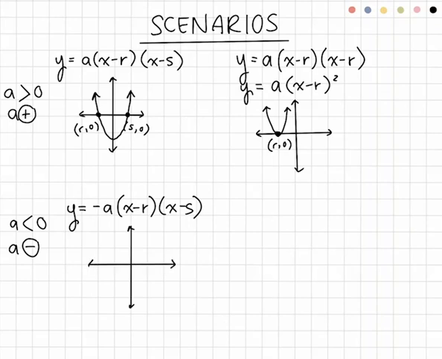I'm going to have a downward opening graph with my two zeros, r and 0 and s and 0. And I can have the same thing over here with the perfect square trinomial, y equals negative a(x minus r)(x minus r).